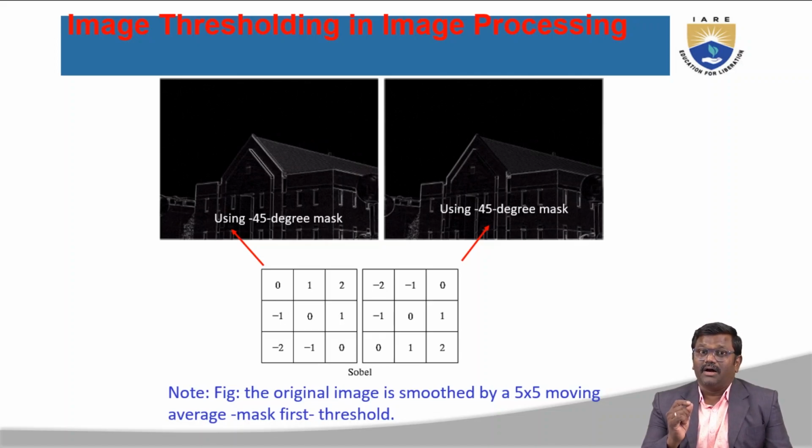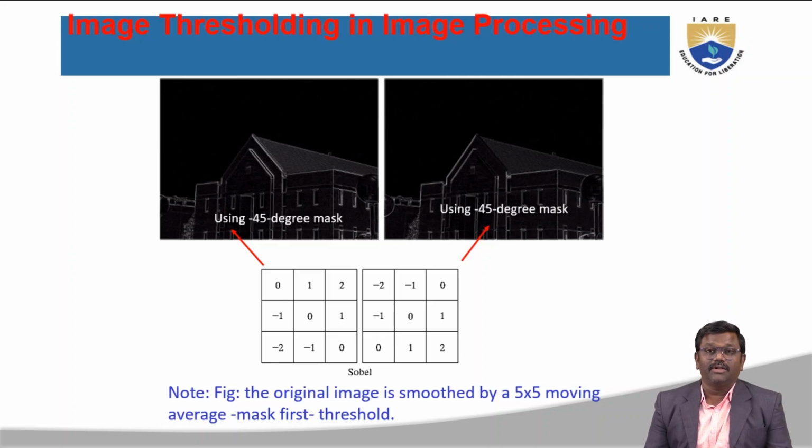What is the comparison, and with whom? On what value are you comparing one to the other? For this comparison purpose, we are using a general image, which we consider as the original image, smoothed by a 5 by 5 moving average mask based on the threshold.